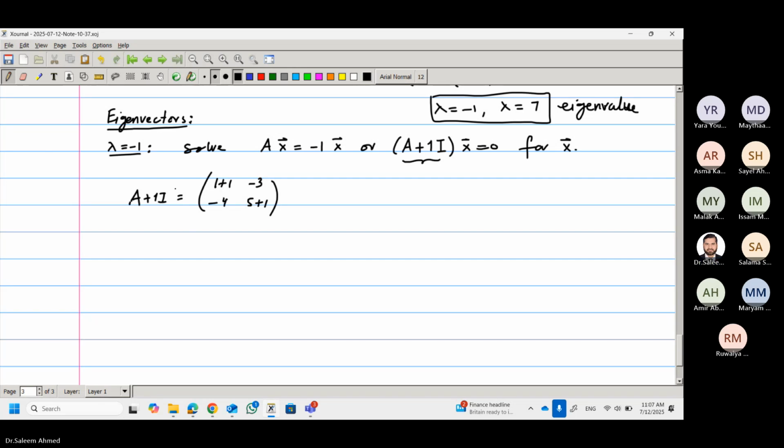So this is 2, minus 3, minus 4, 6. So see, if I do these, both equations give me the same thing. They both give me 2x1 equal to 3x2. Both equations give me the same thing. So if I divide by 2, it means x1 is equal to 3 by 2 x2, and x2 is free because I'm not getting any second equation.